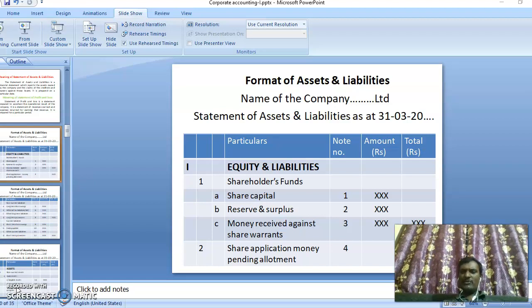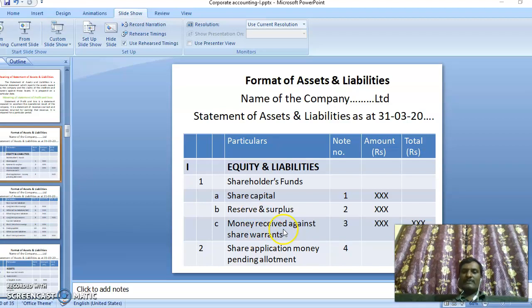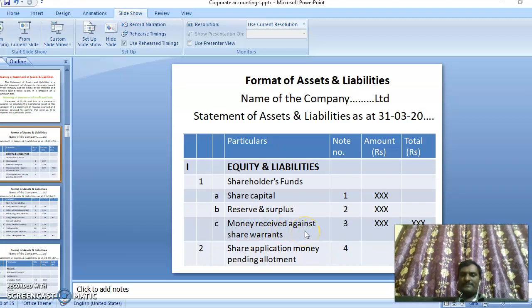About share capital, you know very well that equity share capital and preference share capital are the two things covered under this. As far as reserves and surplus are concerned, this is nothing but the profit and loss statement information will be in this section. Another important item here is the money received against share warrants.